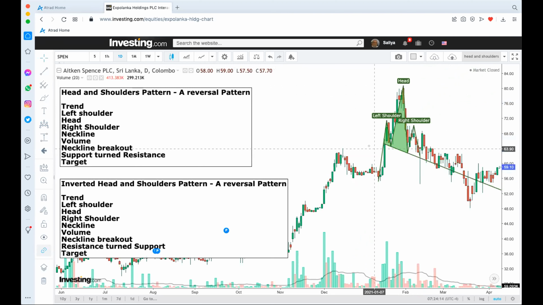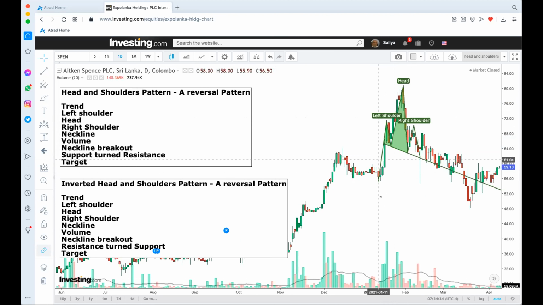Now if we focus our attention on the volumes, you will see the volumes increase in this rally, as per the interpretation, as per the definition. Then it comes down with this pullback, the volumes fall here.